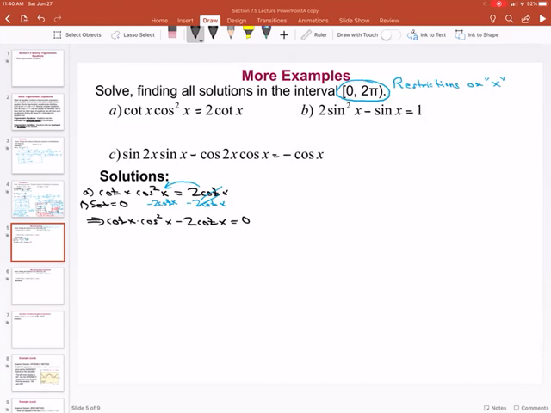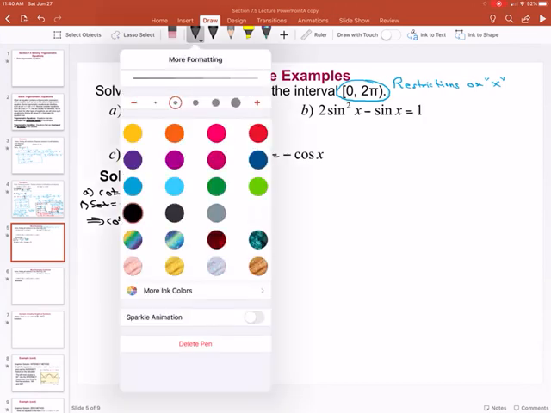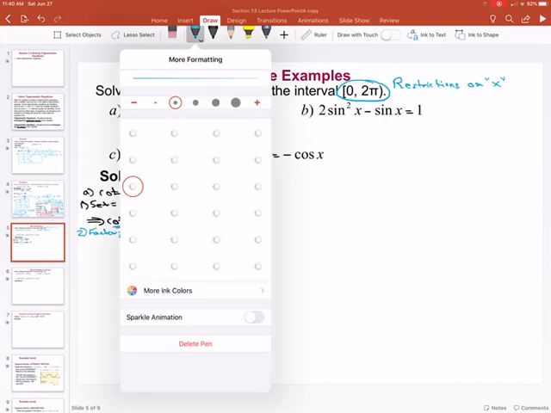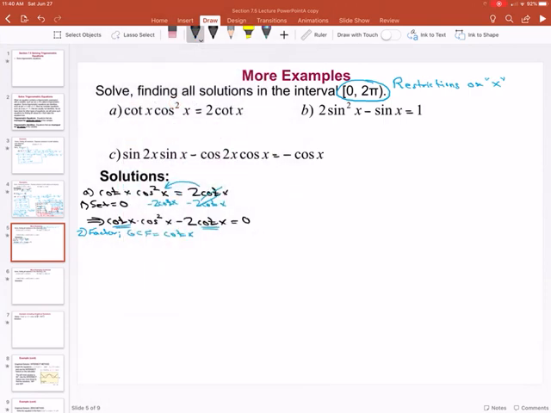So there's step 1, setting equal to 0. And now, if I look at this equation, what do we have? We have a common factor. So now, step 2 is I want to factor, right? I have a GCF, a greatest common factor of cotan x. So let's go ahead and factor that out and see where that leads us.